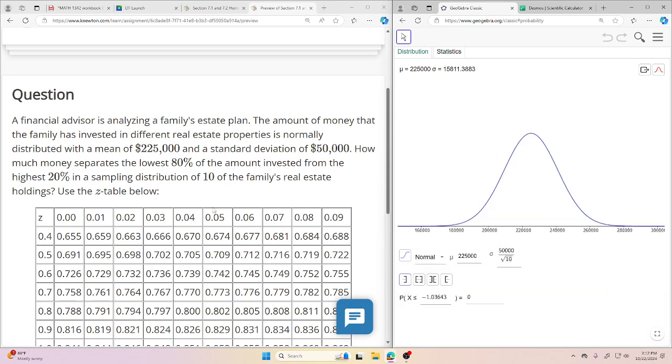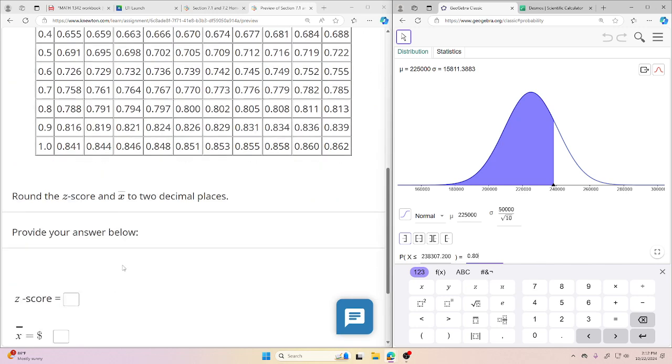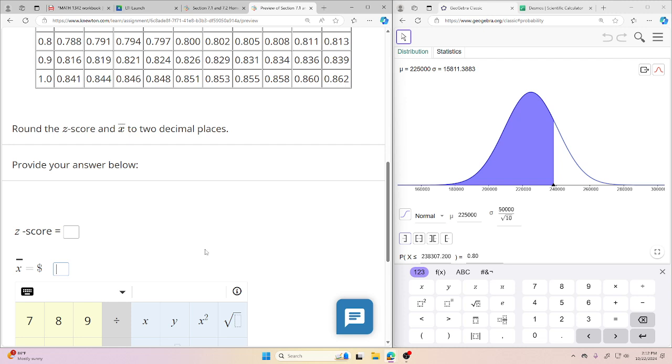Yeah, there we go. And they're wanting the lower 80% or the upper 20%. Either way, it's the same thing. It's just different views. And that should be my answer right there: 238,307.20.